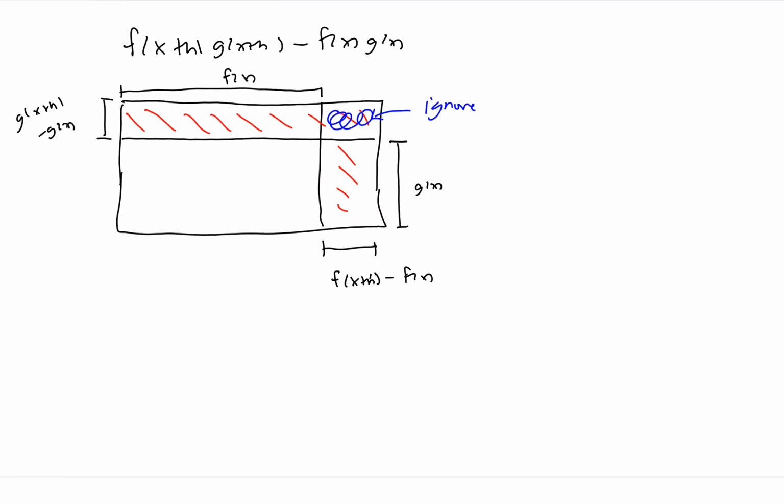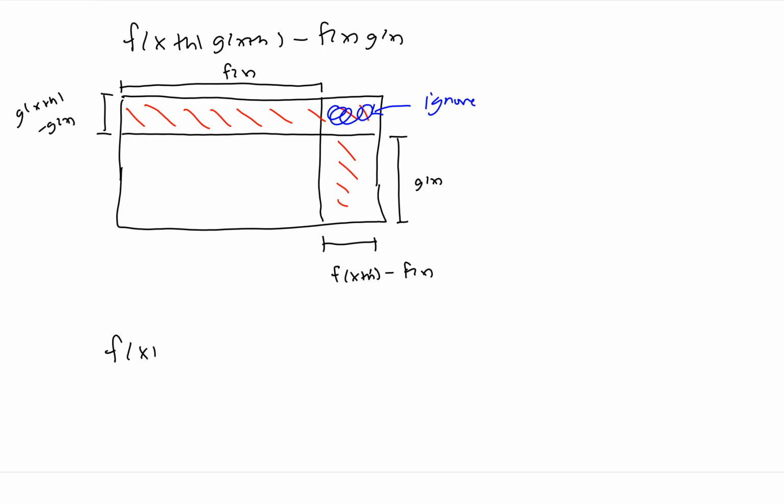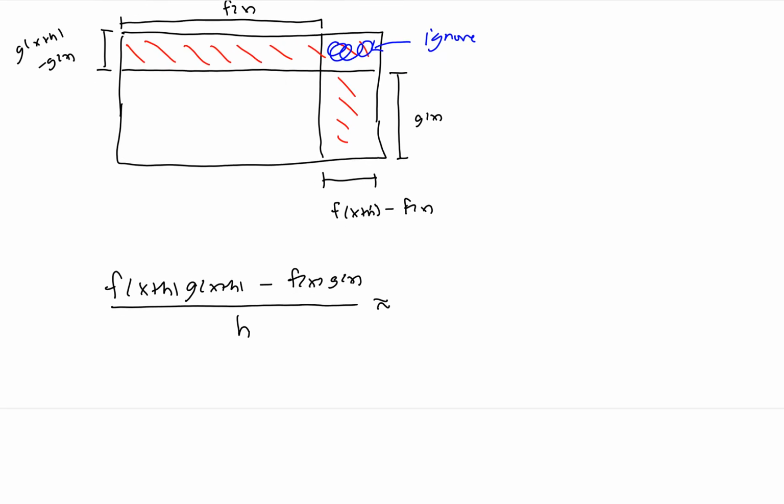Then what we would have is f of x plus h, g of x plus h, minus f of x, g of x, let's say over h, is approximately the area of each of these red rectangles here. Let's start with the f's so it matches the formula above.